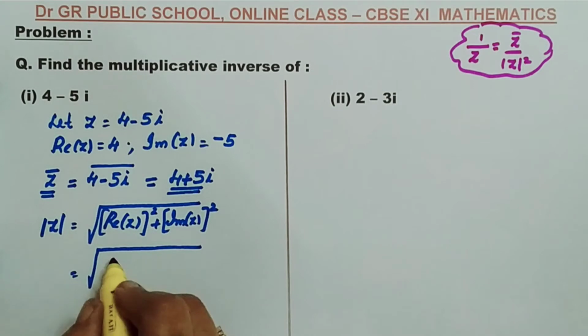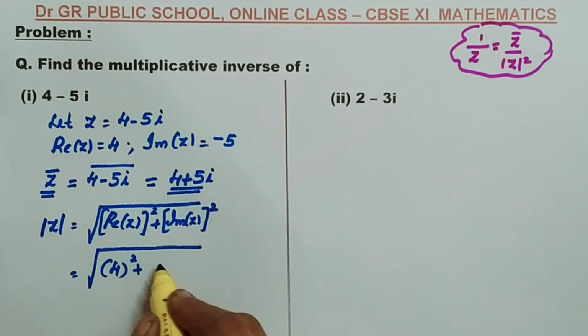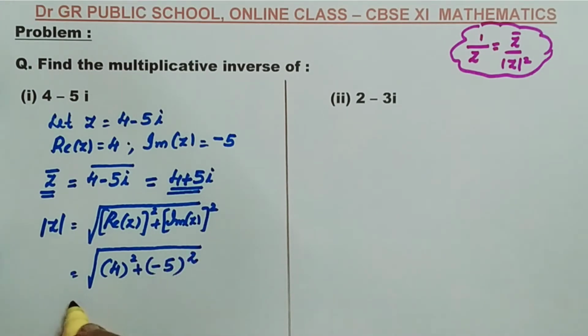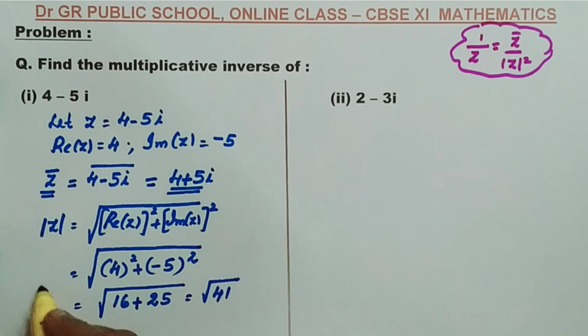Real z is 4, so 4 square plus imaginary z is minus 5, so minus 5 the whole square. That equals square root of 16 plus 25, equals square root of 41. This is the value of mod z. Mod z equals root of 41.